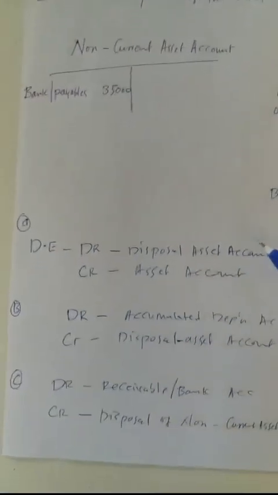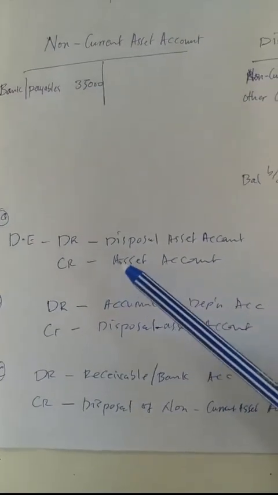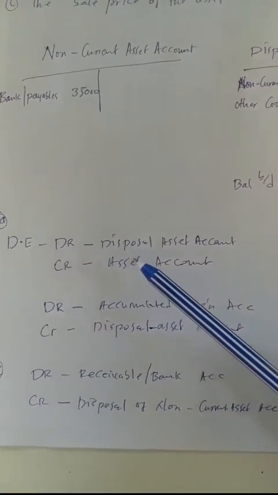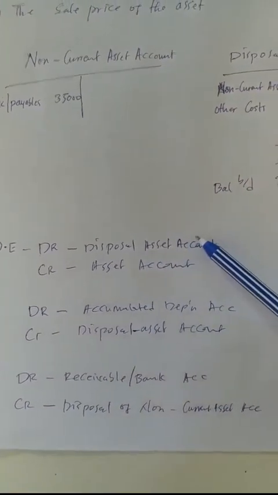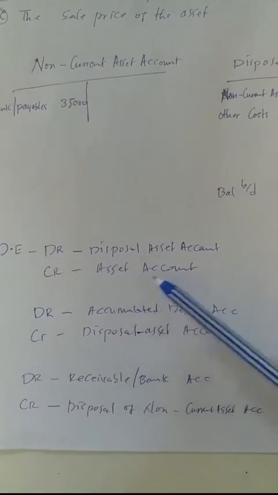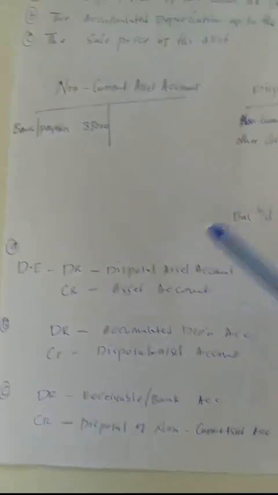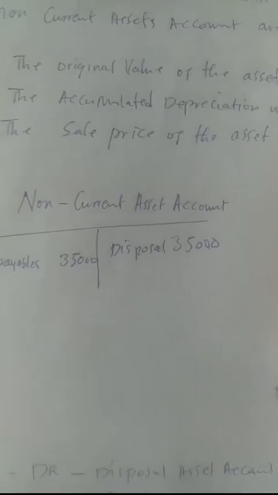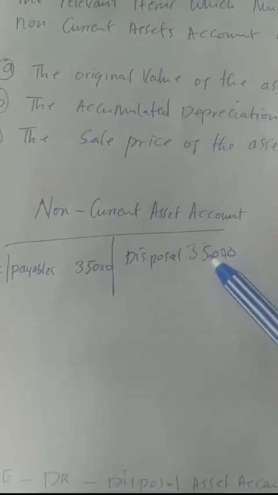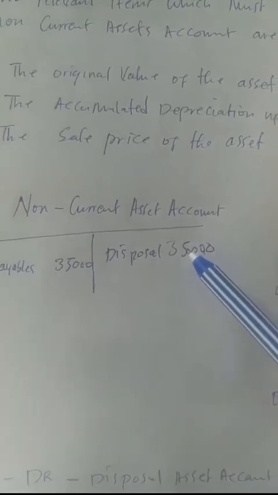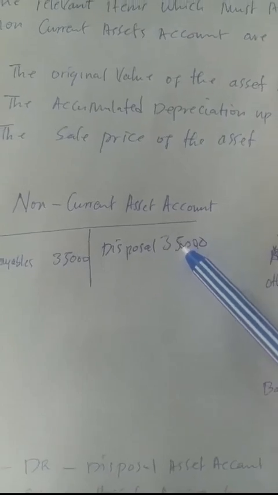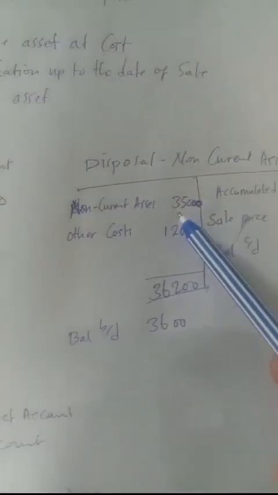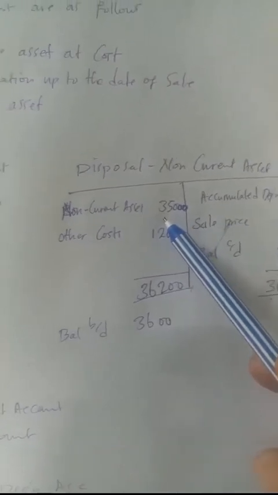The double entry is debit the disposal asset account and credit the asset account. So you credit the non-current asset account, and then you debit the same amount in the disposal of non-current asset account.